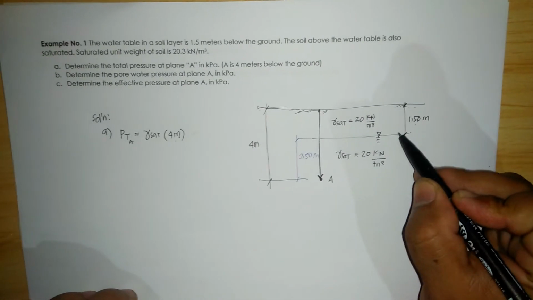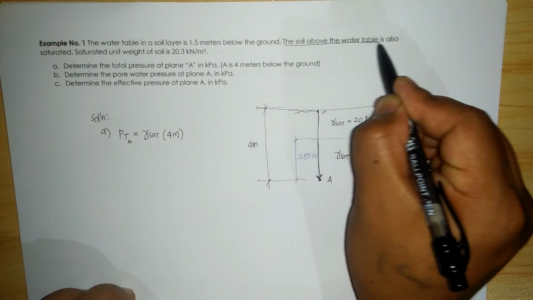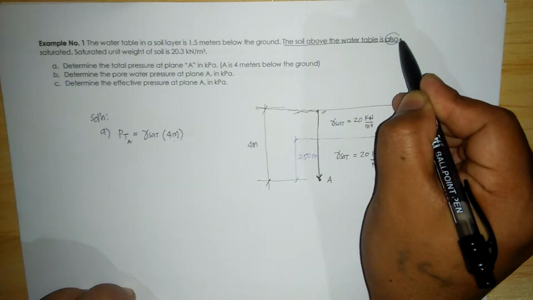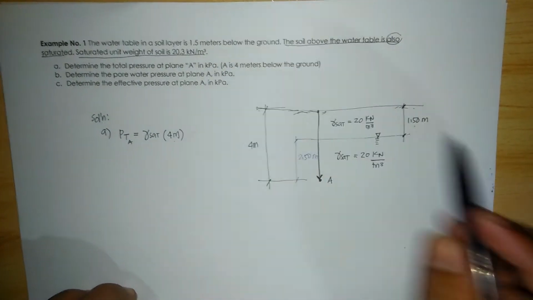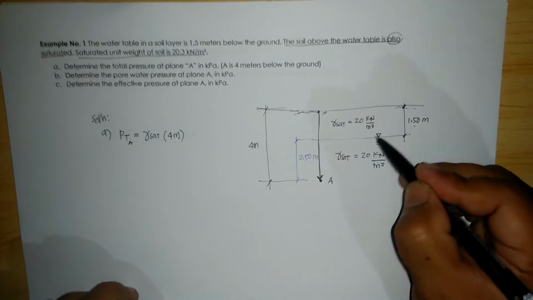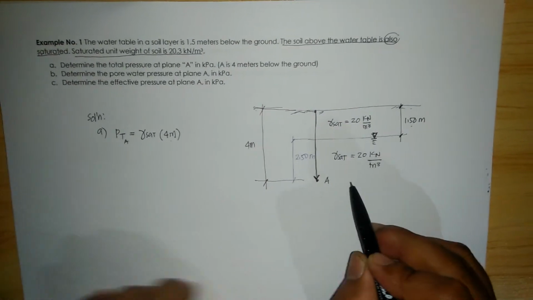Tama ba? Kasi based from this problem, the soil above the water table is also saturated. Saturated unit weight of soil is 20.3 kilonewton per cubic meter. Siyempre, below your water table, saturated yung soil mo dyan. Parehas lang dyan.